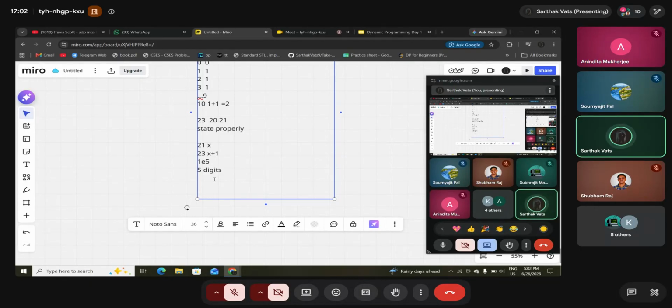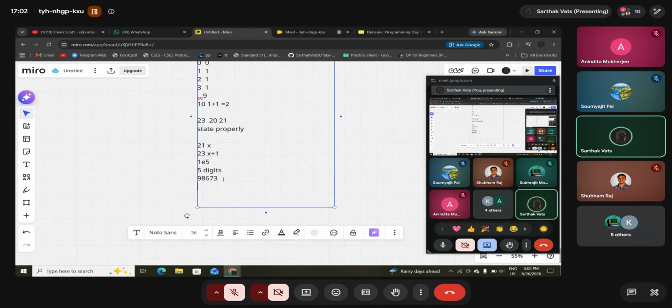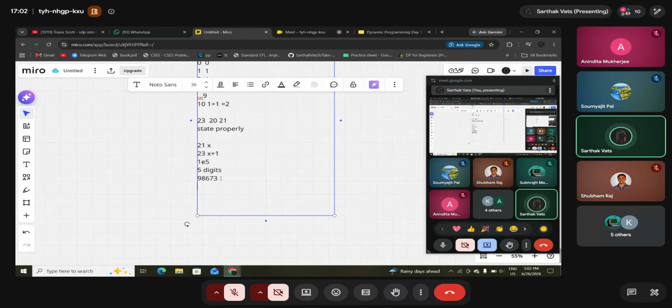Suppose my number is very big, something like 98674. Then I can check what happens when I subtract 3, when I subtract 7, 6, 8, and so on. If the number of steps required for the smaller number, after subtracting any one of the digits, is x, I just need to add plus 1 and I'll get the least steps up to this number.